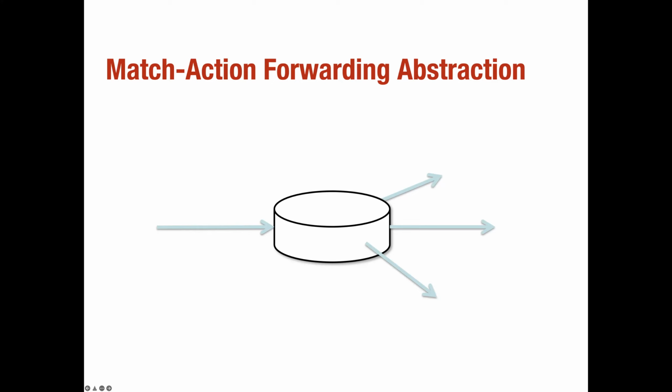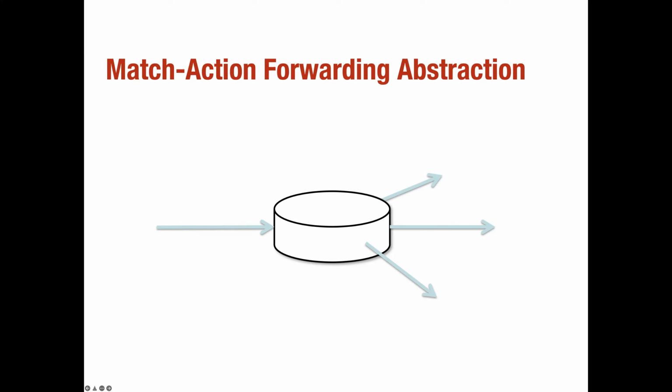What OpenFlow was suggesting is that, abstraction wise, we should have no restriction in terms of what combination of fields you can match on. And that was very powerful because it provided this extreme flexibility that you can write very fine-grained rules for applying your network policy.